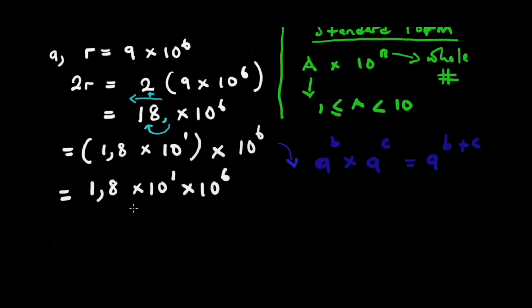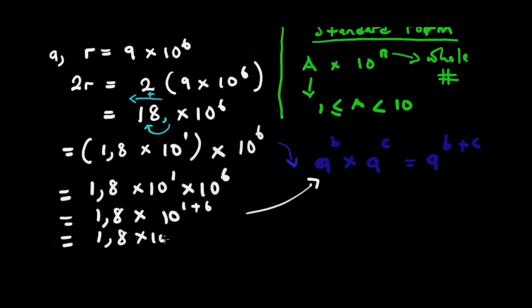So applying it here tiri kuti tavana 1,8 times 10 to the power 1 plus 6, kutoredzera kuti kana mabases are the same, our powers are going to add. Therefore our final answer is going to be 1,8 times 10 to the power 7. That is our final answer. 2r is equal to 1,8 times 10 to the power 7 in standard form.